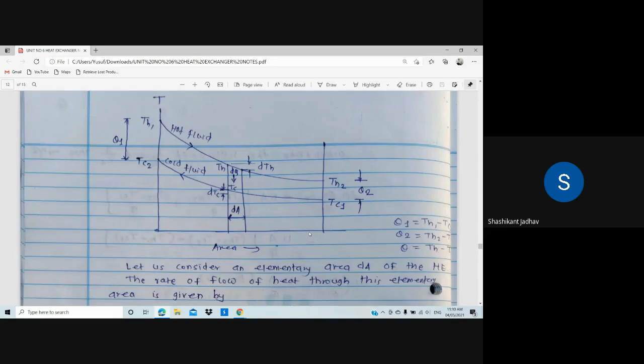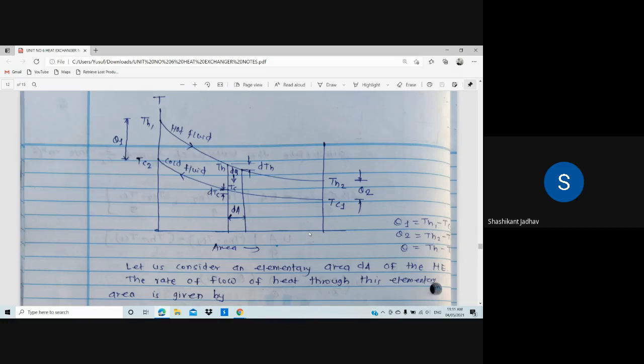And we are considering one small elemental area, that is DA. जो काय सेंटरला आपण स्मॉल एलिमेंटल एरिया कन्सिडर केलेला आहे त्याचा एरिया काय असणार आहे, DA असणार आहे. Okay, and the temperature difference for that small elemental area, that is TH and TC temperature is there for that particular small elemental area, and hot fluid temperature reduces by DTH and cold fluid temperature increases by DTC.